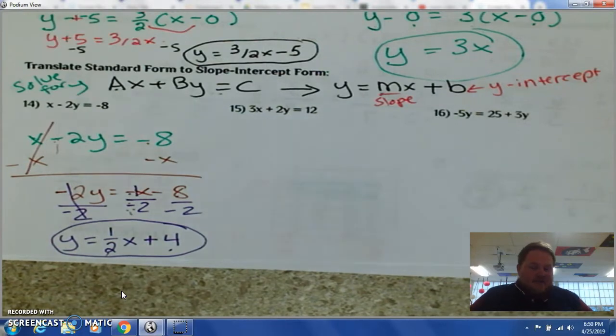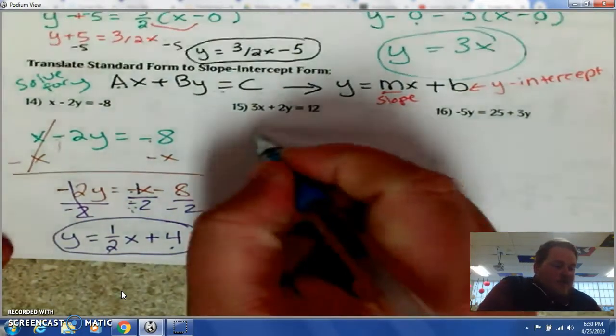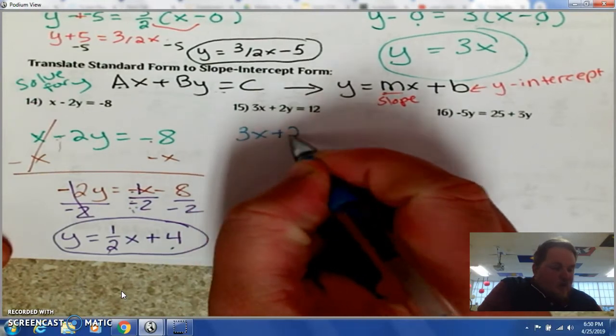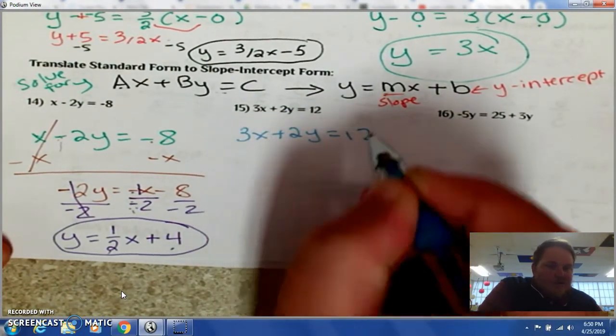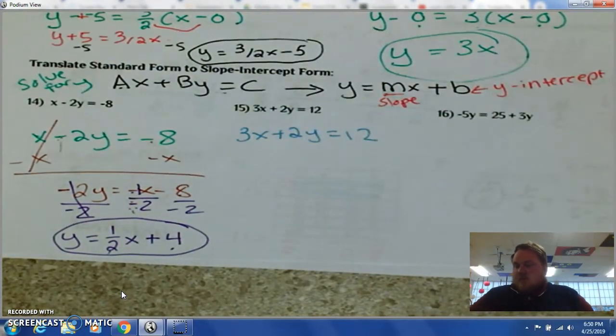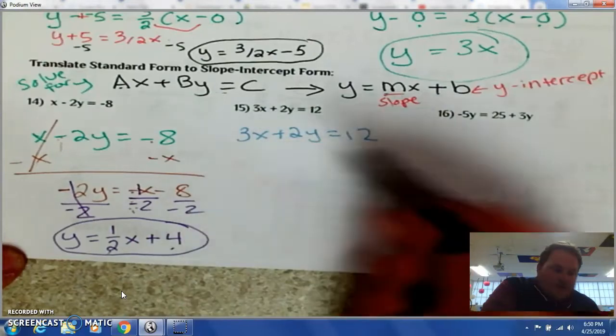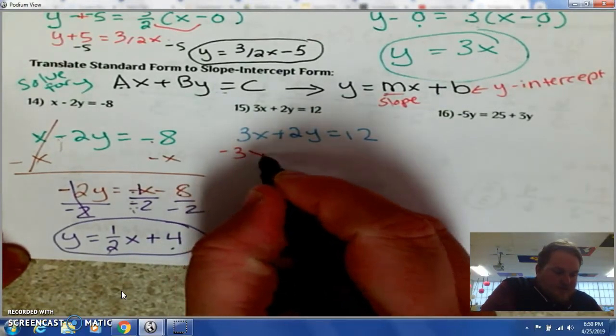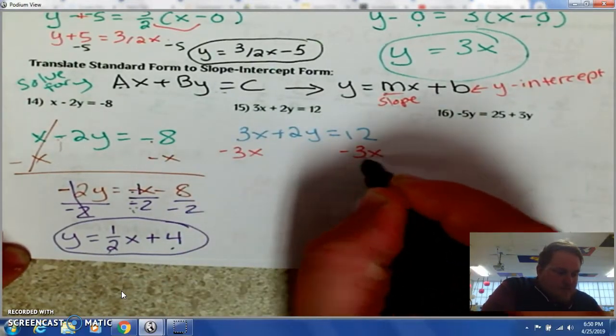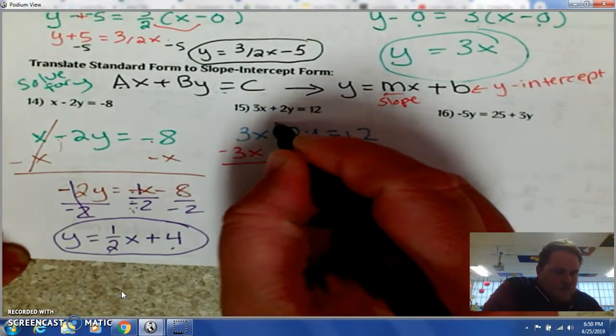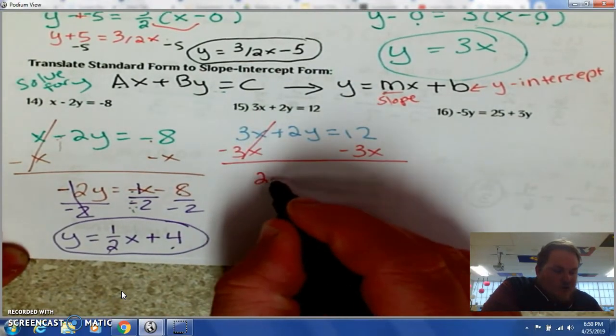Number 15. We have 3x plus 2y equals 12. We're solving for y, so we've got to get rid of the 3x first. Bring down the 2y.